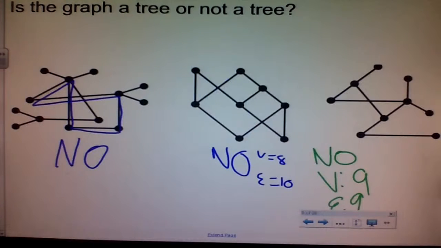So let's go back to this one. Okay, so this one had 1, 2, 3, 4, 5, 6, 7, 8, 9, 10, 11, 12, 13 vertices. 1, 2, 3, 4, 5, 6, 7, 8, 9, 10, 11, 12, 13 edges.